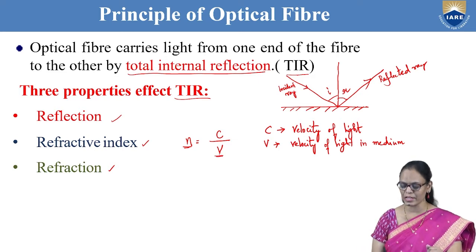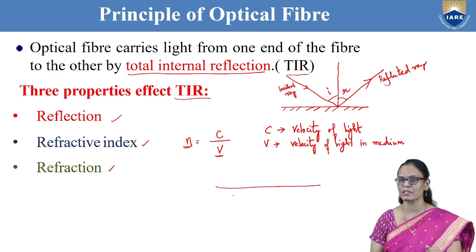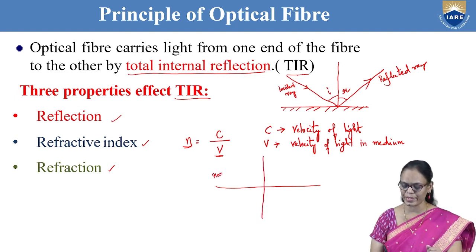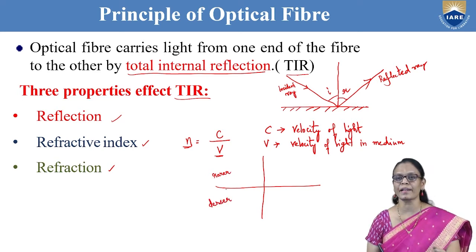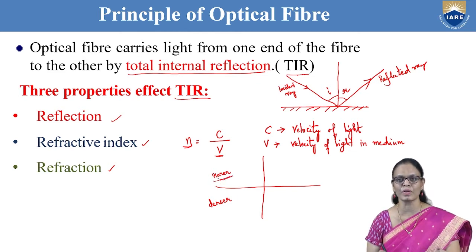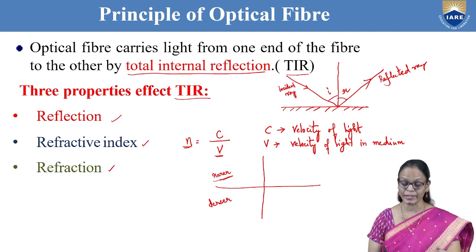If you have a surface, we'll draw a normal here. Suppose we take one medium which is rarer and the other which is denser. These two are relative terms. One medium whose refractive index is less, we call a rarer medium, and the one whose refractive index is high, we call a denser medium.